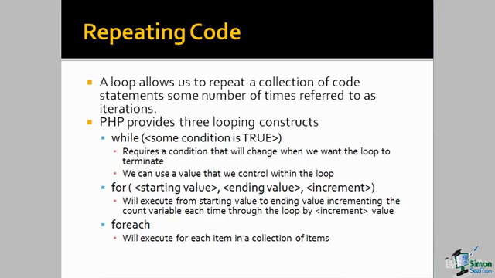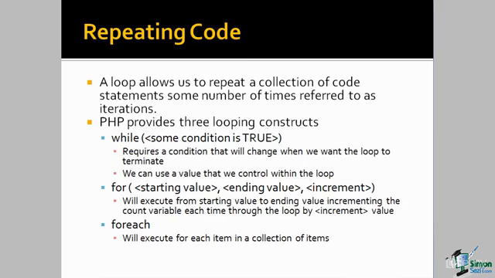The for looping construct has the definition of the loop control in the call. So when we create a for loop, we have to give it a starting value, an ending value, and the increment by which it's going to count the number of iterations through the code block.